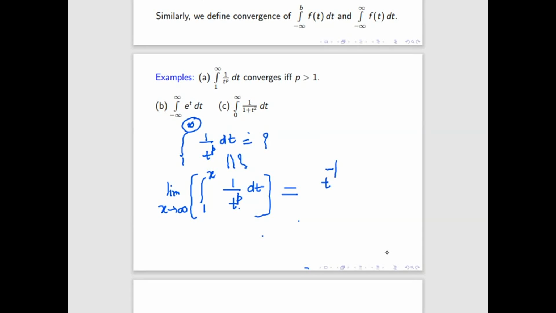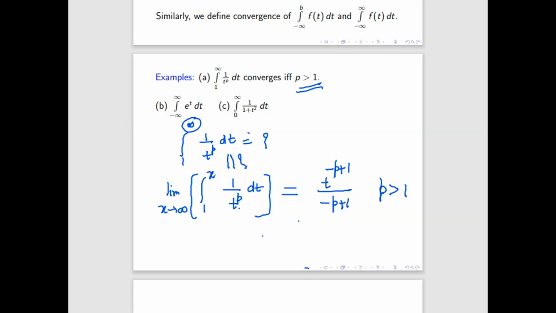I can write t to the power minus p plus 1, but not always. This is valid only when p is not equal to 1. If p equal to 1, then it is 1 upon t, and that integration is ln t. So for p greater than 1, this is the integration. Is it okay?